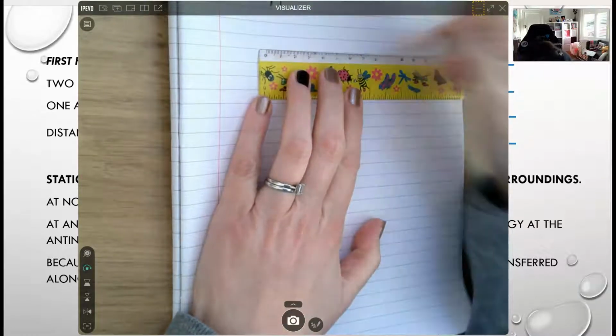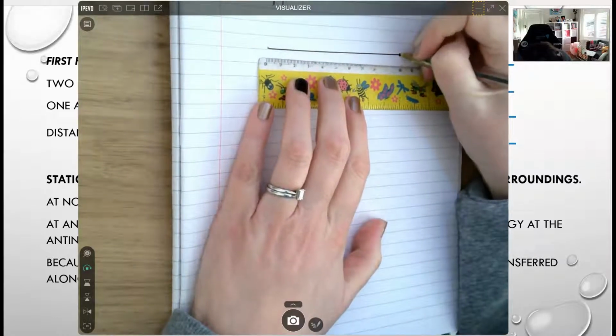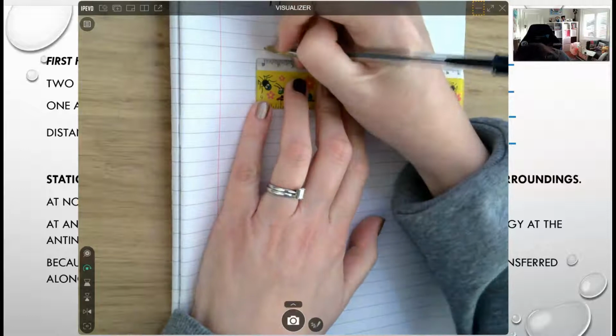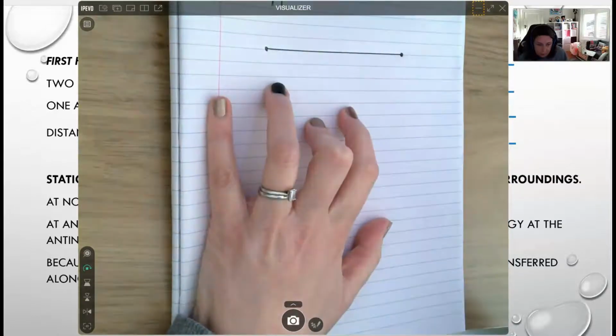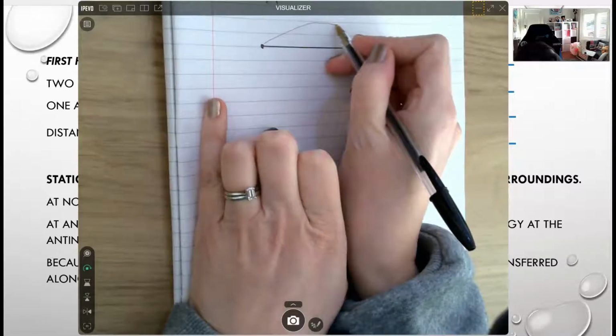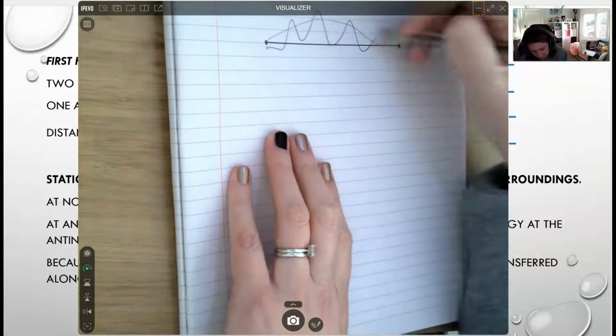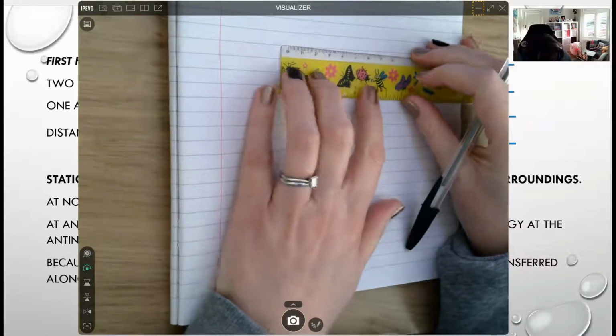So I'm going to do 10 centimeters. So the lowest frequency standing wave I can make on a piece of string is this one. Oh, that's so bad. Ignore that. I think 10 centimeters is too long. I'm going to try 8.